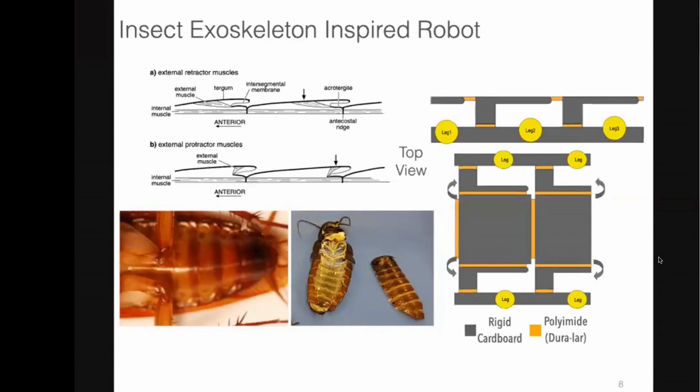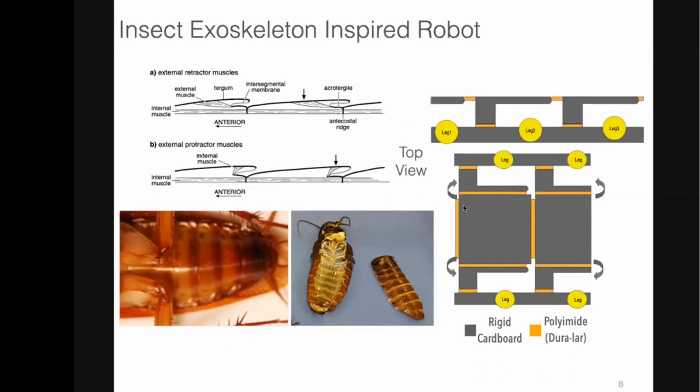We started taking advantage of this approach and thinking about whether it could translate into robotic structures. At the same time, collaborators in Ron Fearing's lab at Berkeley had already started thinking about ways to do that. One approach they came up with was combining stacks of rigid cardboard with a polymer, like polyimide, in between, and laminating the whole structure together.